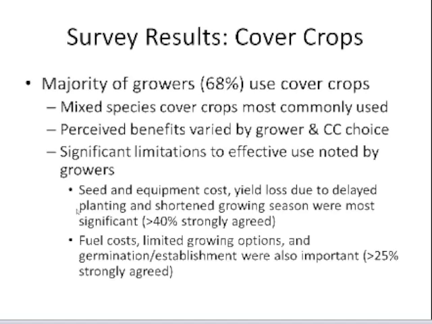Yield loss due to delayed planting and short growing seasons were the most significant limitations experienced, with over 40% of the growers strongly agreeing that those were the downsides that they had experienced in their own uses of cover crops. A significant number also pointed out the added fuel cost and limited growing options that they felt they had for their areas, as well as problems with germination and establishment.